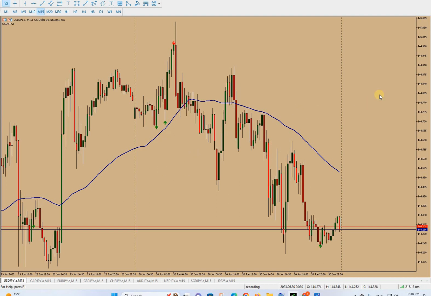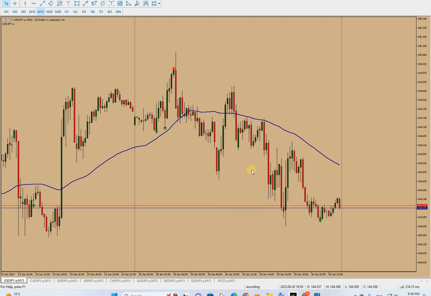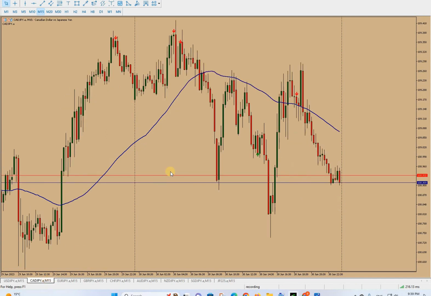I did not find anything through the software that we have to sell USD Japan. For Canada Japan, still I haven't found any hidden support and resistance to play with.